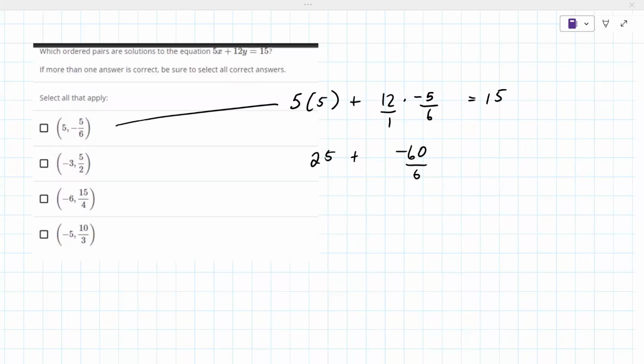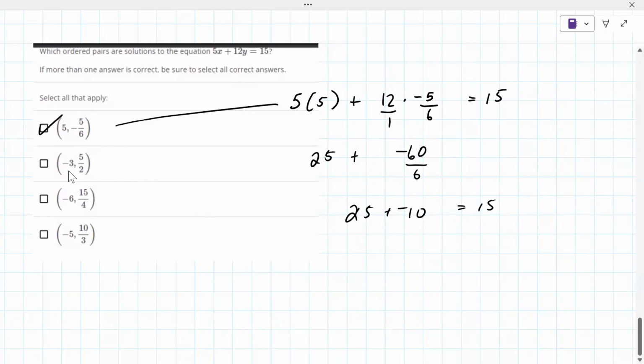It would be 15. Positive. Yes, 25 plus -10 equals 15. And for me and you, when we're doing lessons, just use the calculator. It really doesn't bother me. You'll get faster also because you'll start seeing how things work out.